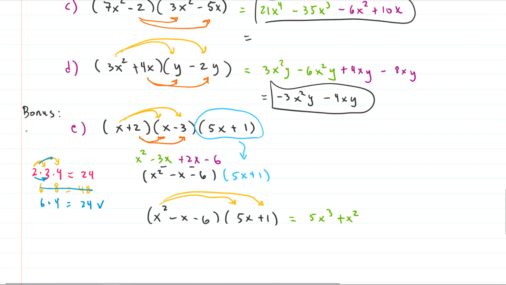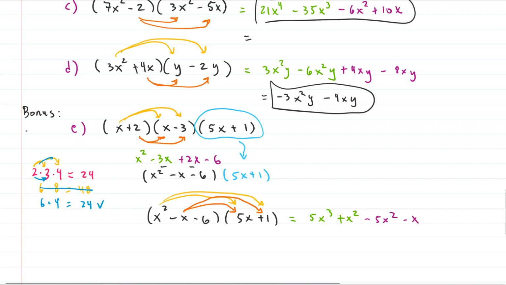So I have negative x times 5x and negative x times 1, which gives me negative 5x squared and negative x.